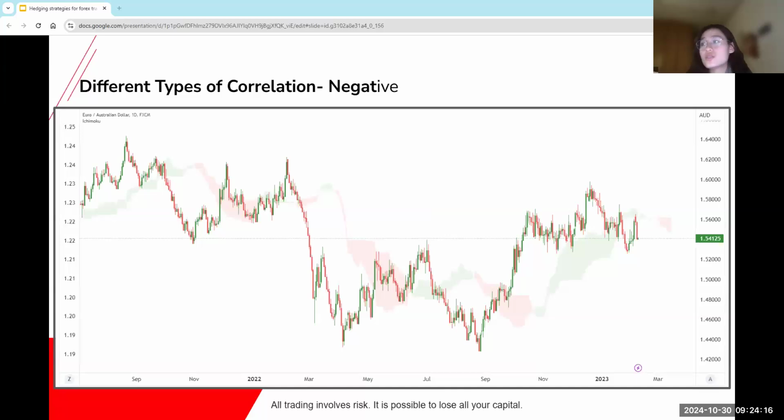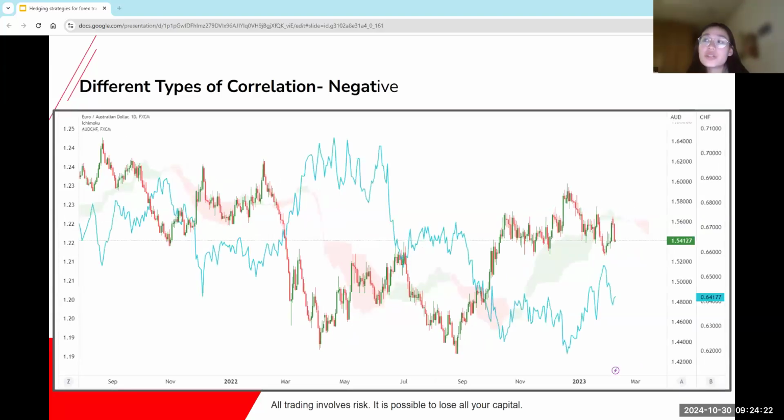Whereas on our Euro Oz, prices are moving below, giving us a pretty bearish signal. So if we compare it on the same price scale, you can see prices are pretty negatively correlated.